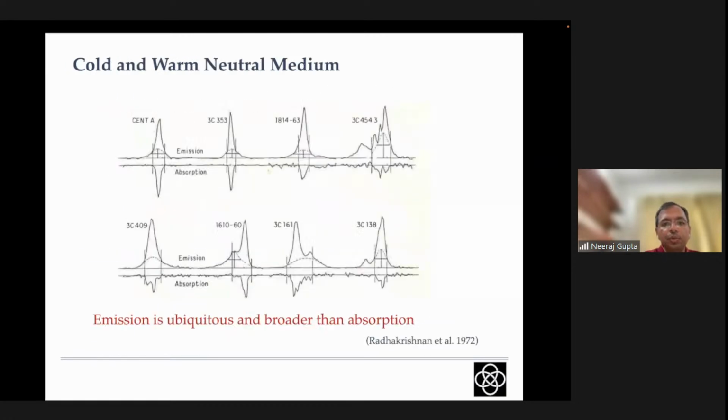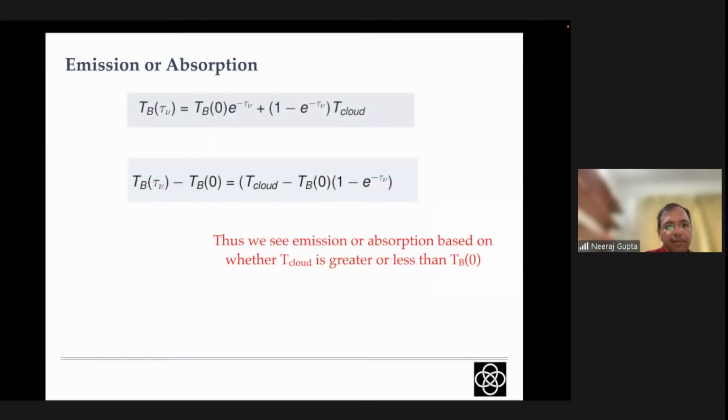So there are two things we have done here, right? For each cloud, each direction in the sky, I am looking at a sight line which has a background source behind it. So in that case, I will see this absorption here for sure, right? Because that radio source is very bright.